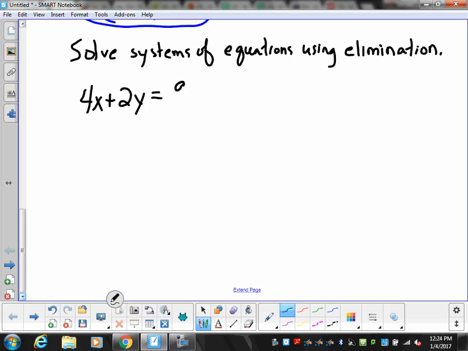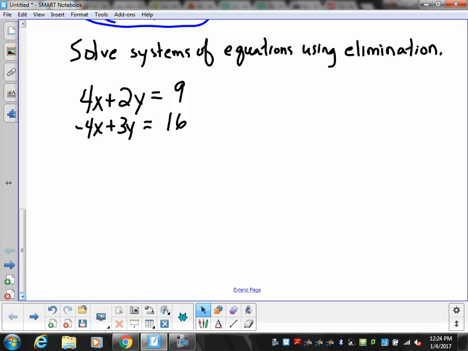Okay, it's not a real difficult one. Elimination means to get rid of something or to take it away. Okay, we do want to make sure that we're getting rid of variables so we can solve for the other.